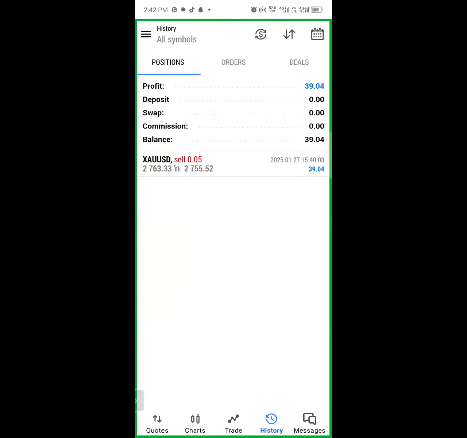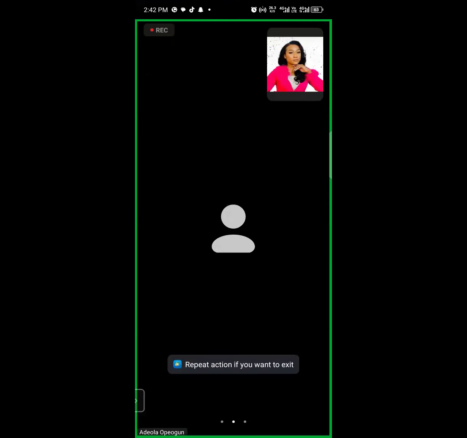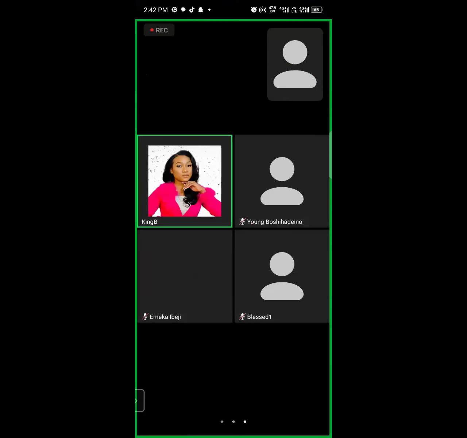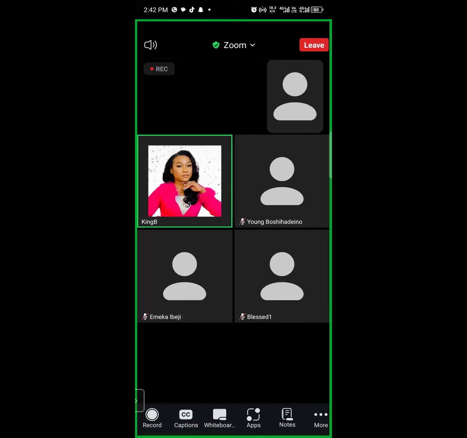You've passed it though. Go back to the zoom. Tap on your screen. Scroll to the right carefully. Can you see stop share? Yes. Okay, click on it. Amazing.